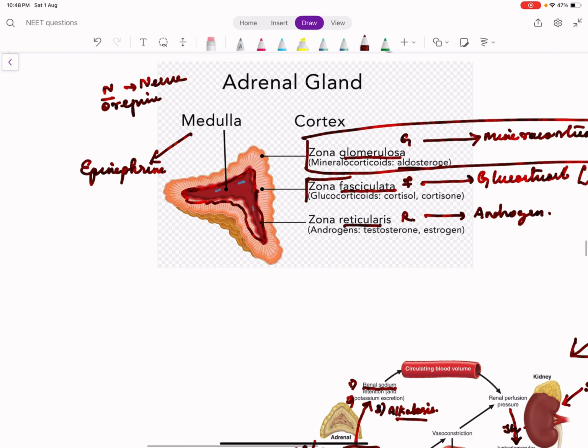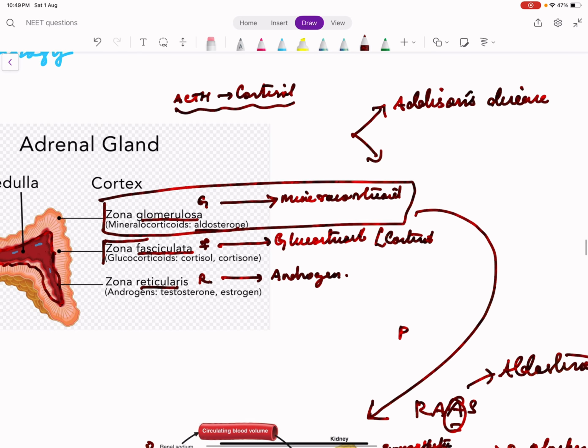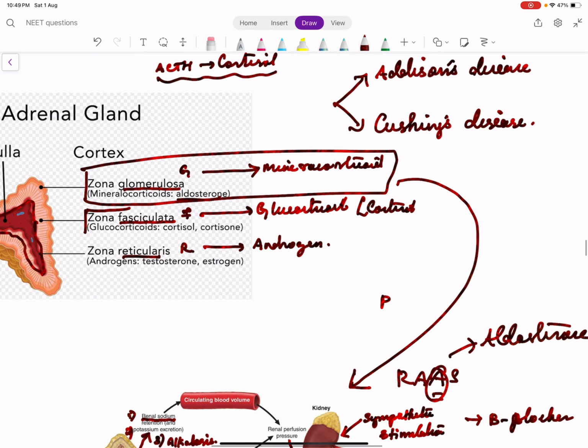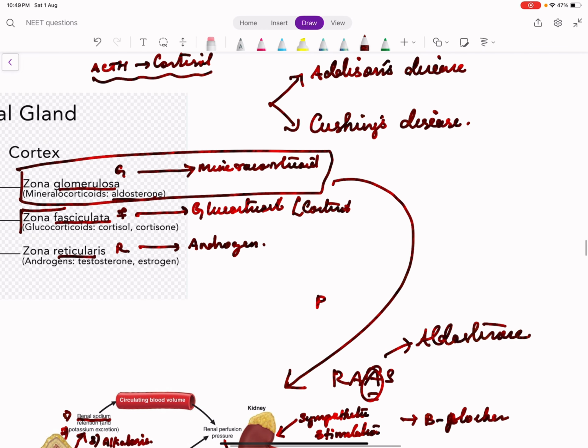Okay. Likewise, the diseases vary. Deficiency of adrenal cortex is called adrenal insufficiency. Excess of adrenal cortex is called Cushing's disease. See, I told you the control is different. ACTH controls cortisol separately and mineralocorticoid is controlled separately.